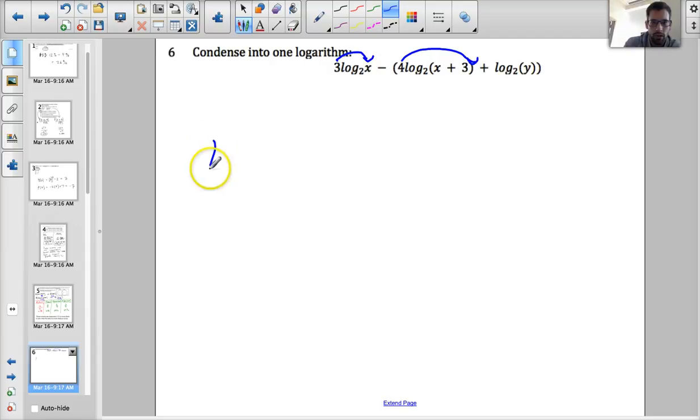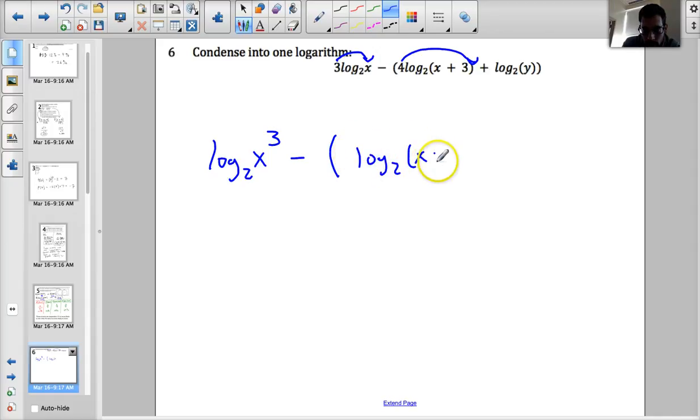So this becomes log base 2 of x to the 3rd power minus log base 2 of x plus 3 raised to the 4th power plus log base 2 of y.